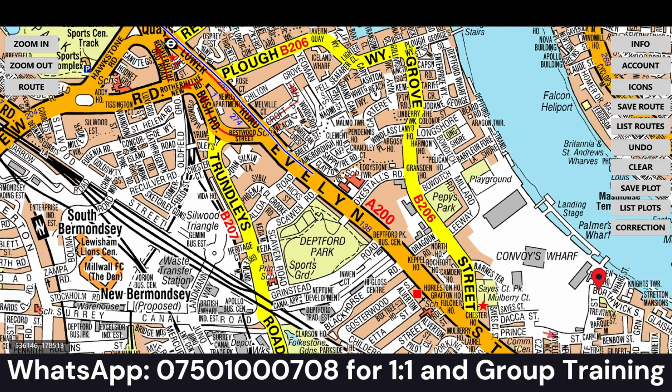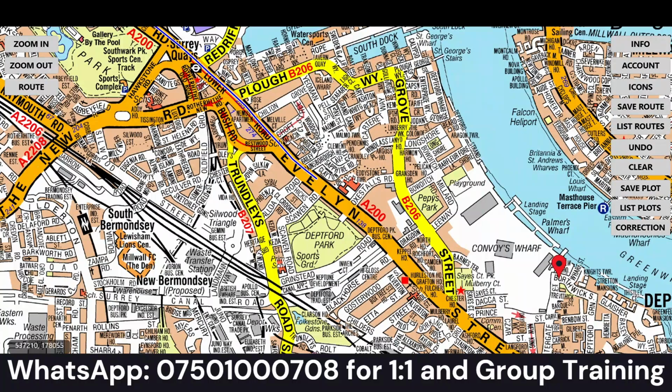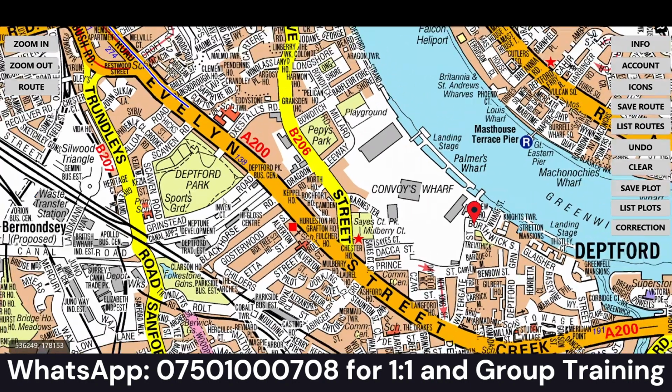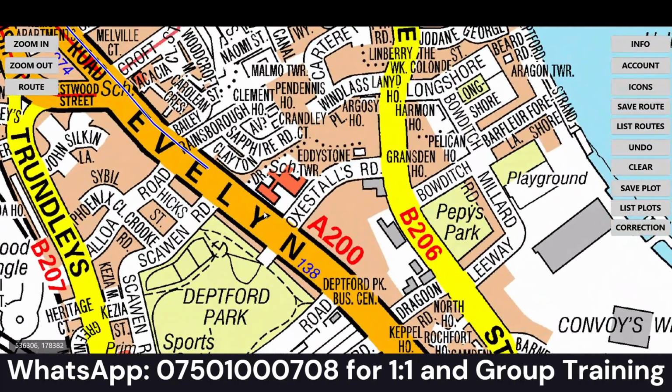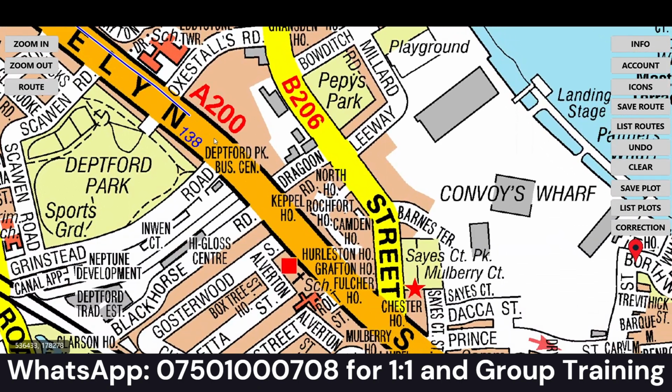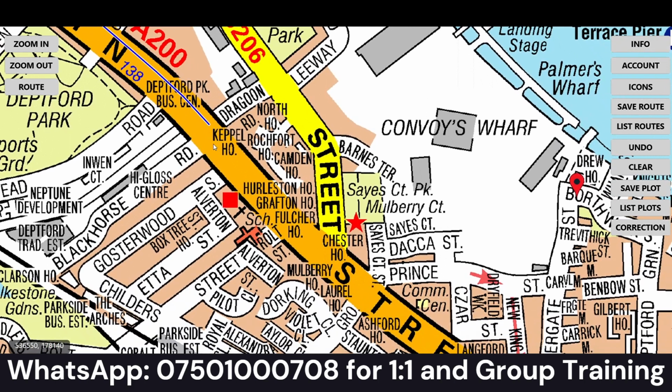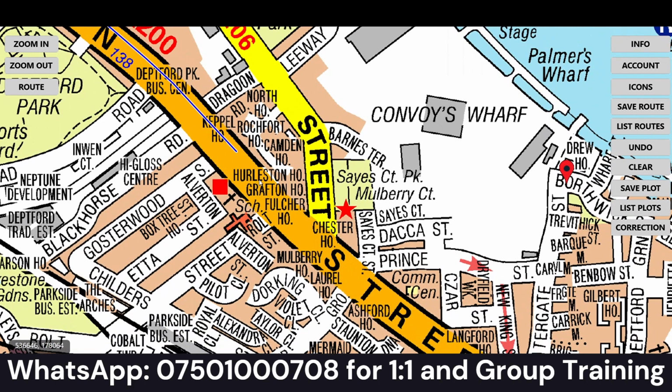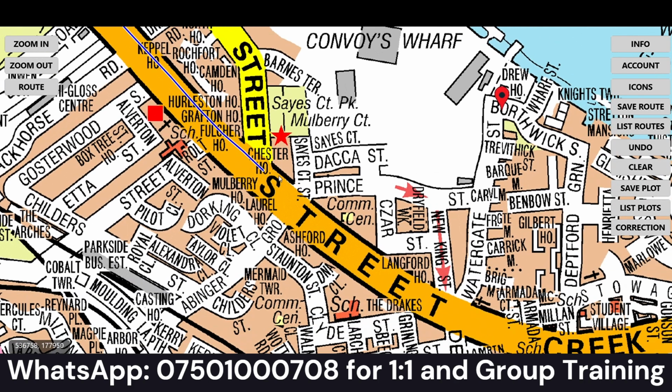So let's see the route that we have. So this is where we need to go. So we are going in the right direction here. So let's zoom in. So carry on going down. So here we can see our red point.